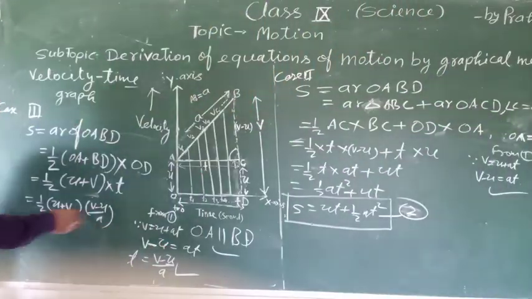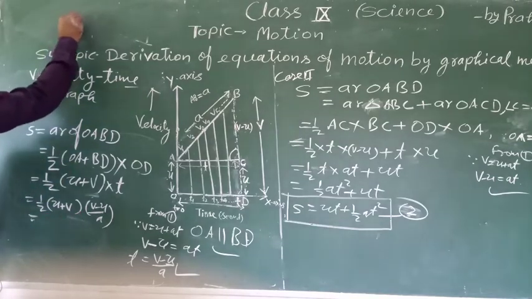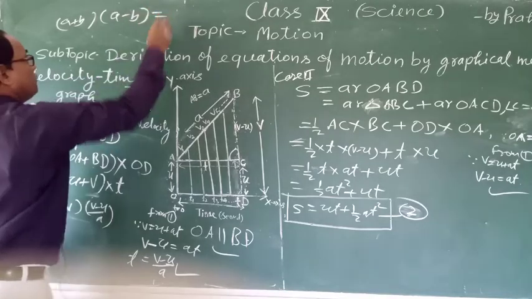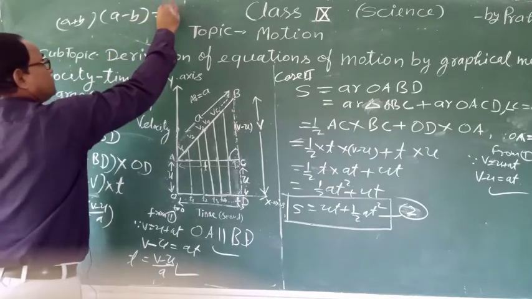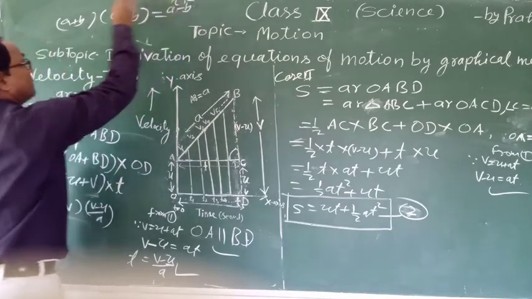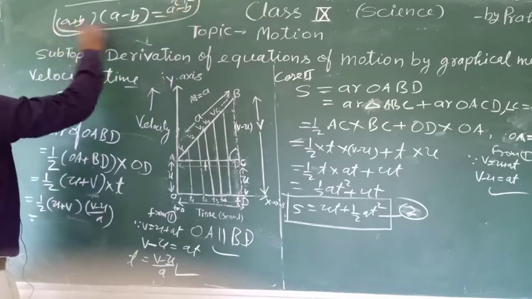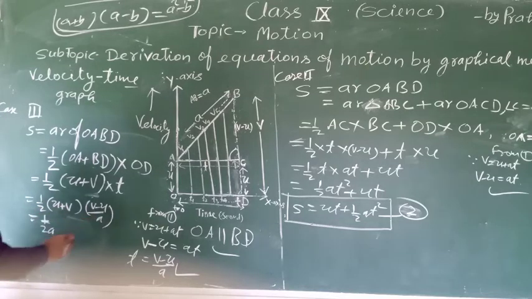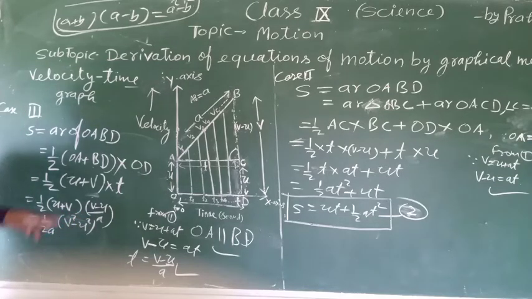Here you know that a plus b into a minus b is equal to the identity a square minus b square. By this formula used here, 1 by 2a multiplied by 2 into a, hence here we can write v square minus u square.